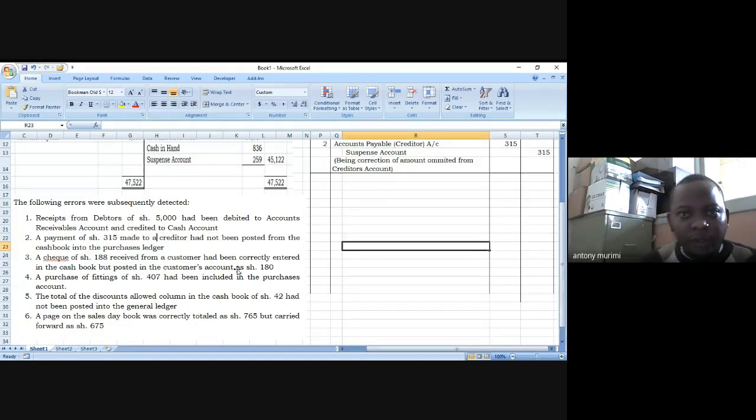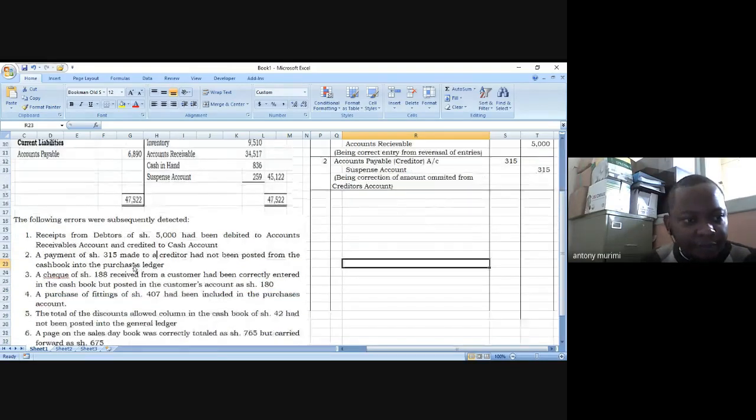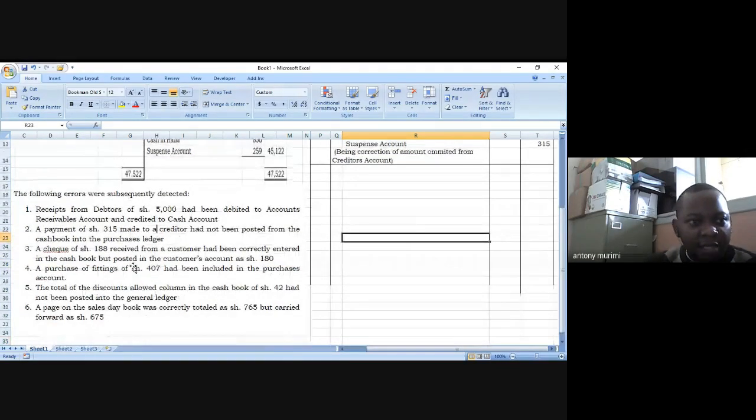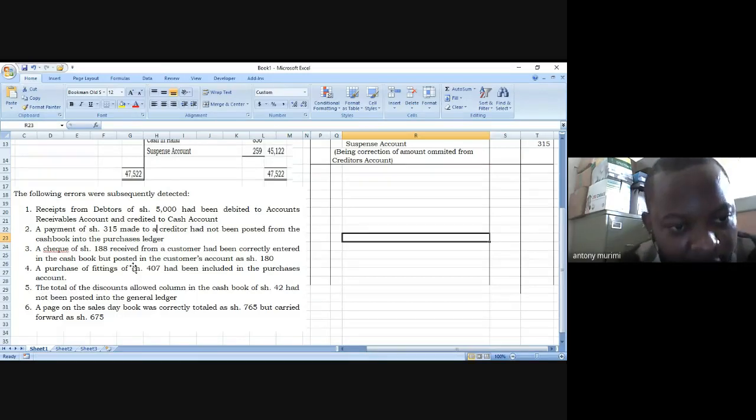Error number 2. We move on to the third error. A check of 188 shillings received from a customer had been correctly entered in the cash book but posted in the customer's account as 180 shillings.